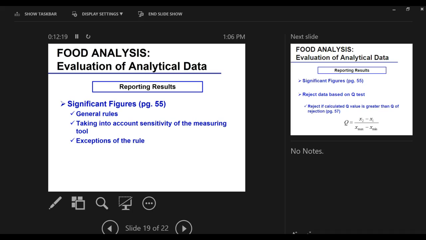And you don't want to have a number with 10 decimal points. It's not logical. You want to make sure to report the correct decimal point based on the sensitivity of your analytical tools, whether it is a pipette or a volumetric flask or an analytical balance, or HPLC or a spectrophotometer.